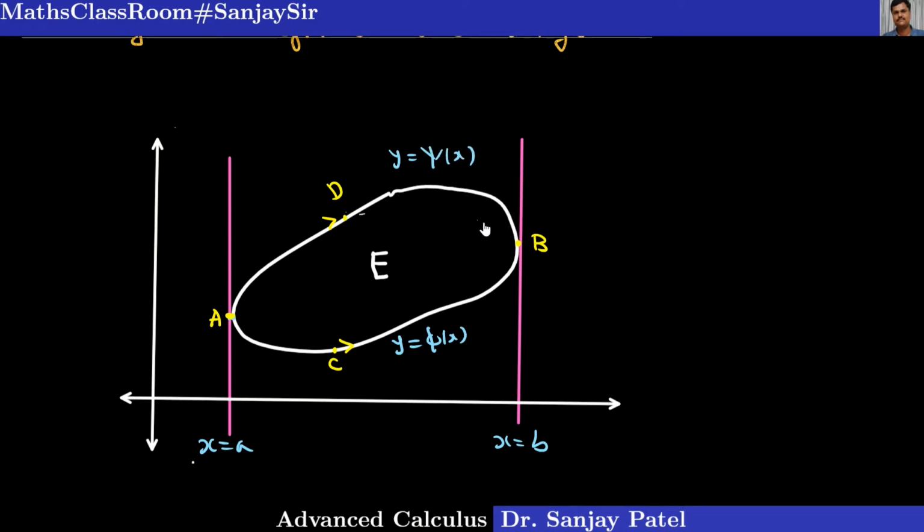So our function f of two variables is defined like this over this closed and bounded region.